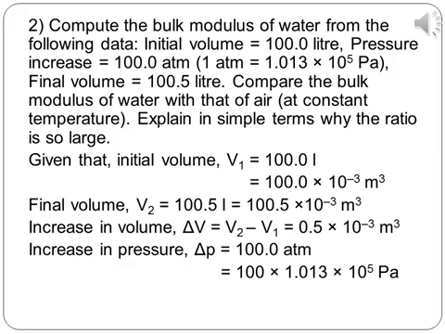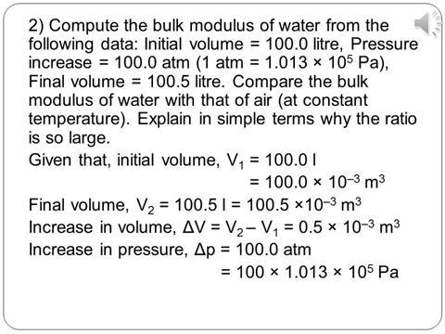Final volume is equal to 100.5 liter. Compare the bulk modulus of water with that of air at constant temperature. Explain in simple terms why the ratio is so large.